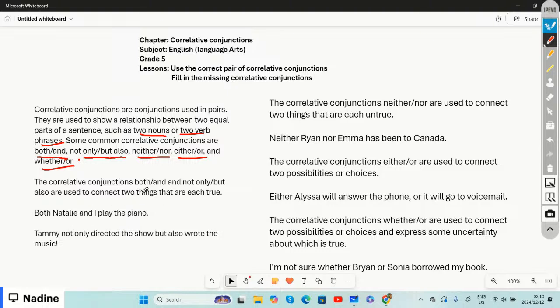The correlative conjunction both or and, or words like not only but also, are used to connect two things that are each true. They connect two things that are true.